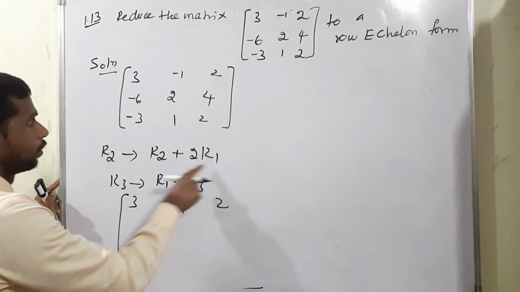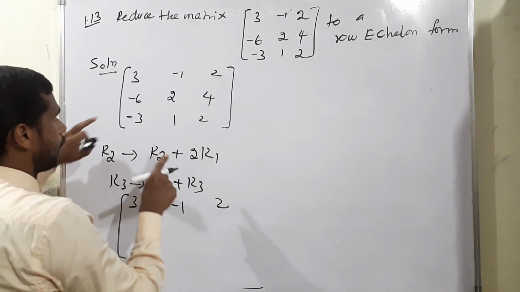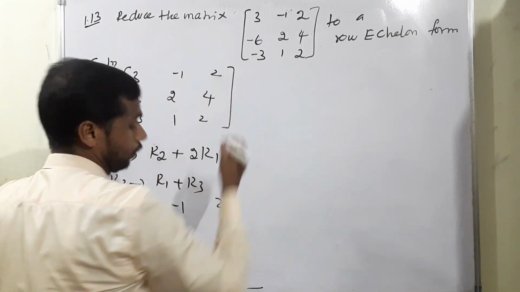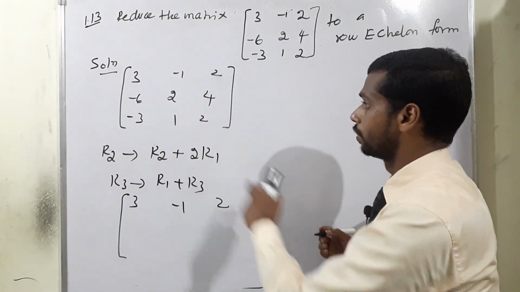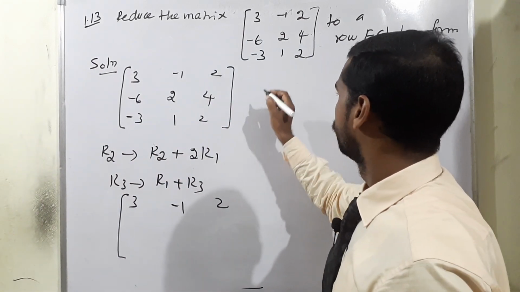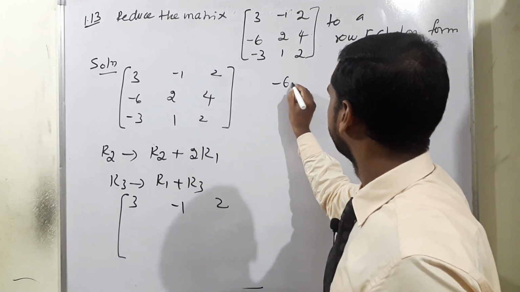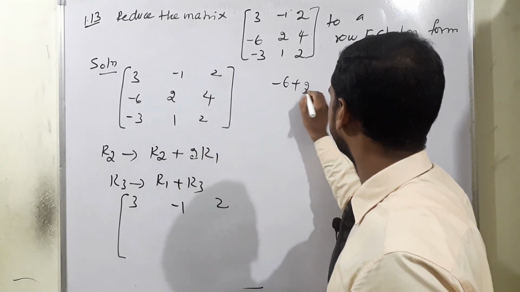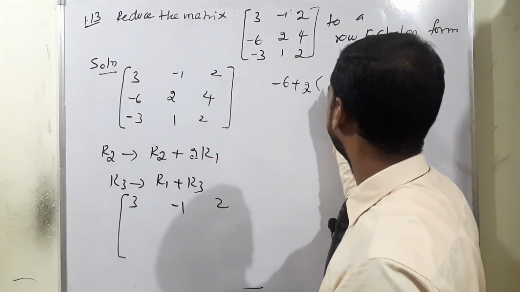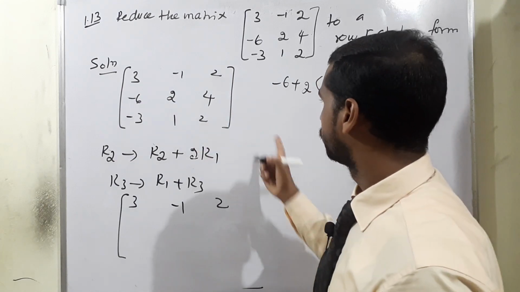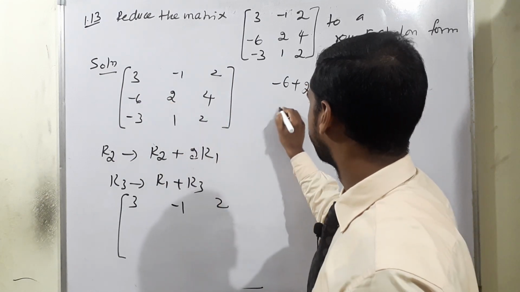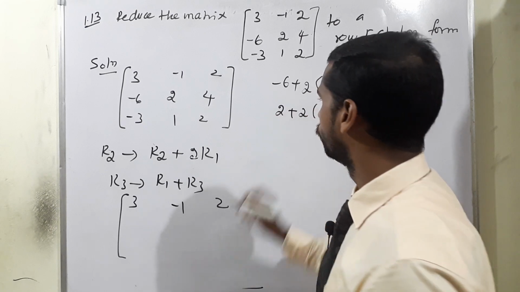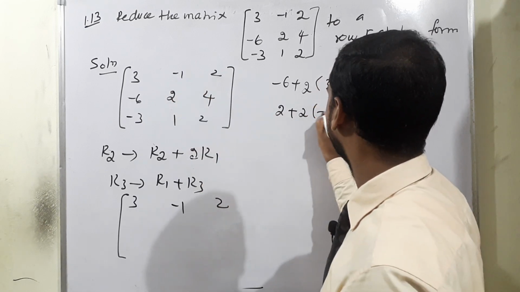Next one, R2 plus 2 into R1. So R2, what is the value? R2 minus 6, then plus 2 into R1. Already 3 is there. Next condition, 2 is there, 2 plus 2 into R1, which is minus 1.